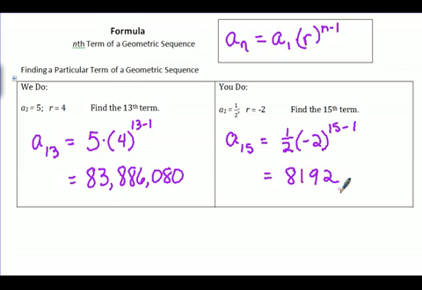One thing that we need to be very careful about is whenever our ratio is negative, we need to be sure that we put that common ratio into parentheses so that when we raise it to whatever the exponent is, we include that negative in what's being exponentiated here. If you don't put the parentheses around it, then this exponent is only going to go for the 2 and it's not going to include the negative. And then we would have ended up with a negative answer in this example.